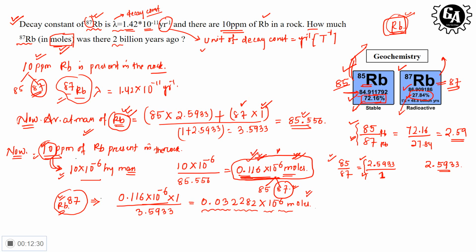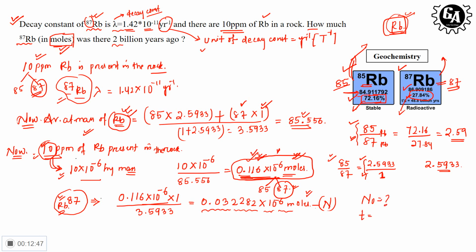The rest is 85. Now this is your N, and we have to calculate N0. What is the time T given to be?